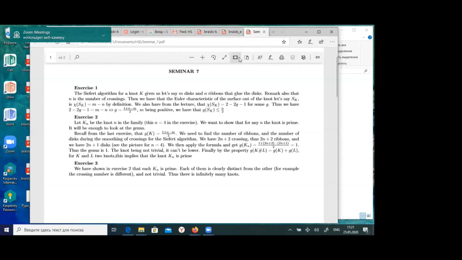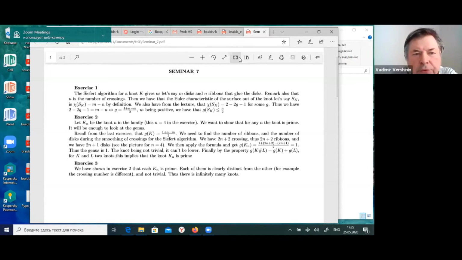And we have the other definition of the Euler characteristic, which is 2 minus 2g minus 1, with g the minimal genus of the surface. Then we say that 2 minus 2g minus 1 is equal to m minus n, with m the number of disks and n the number of ribbons. And then we just solve and we are done.